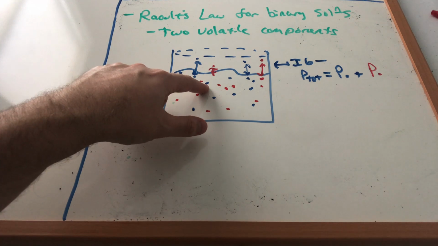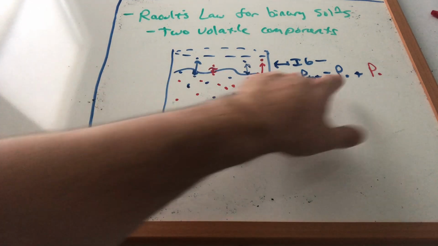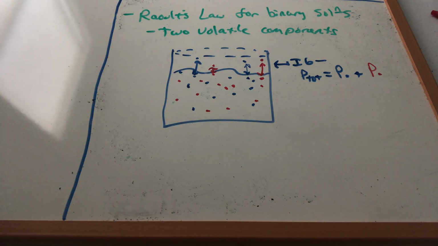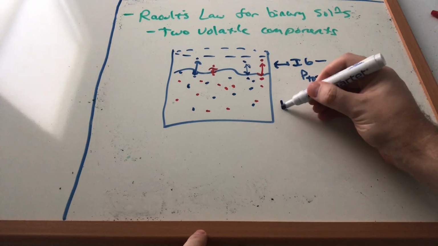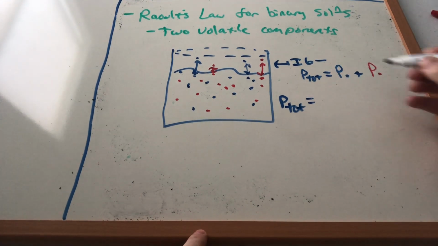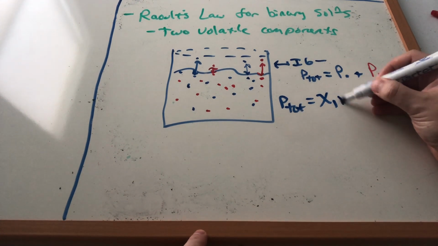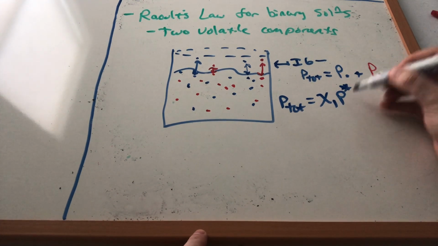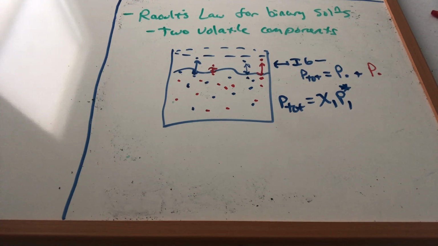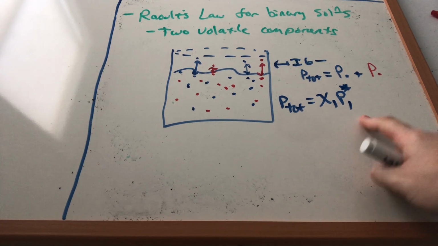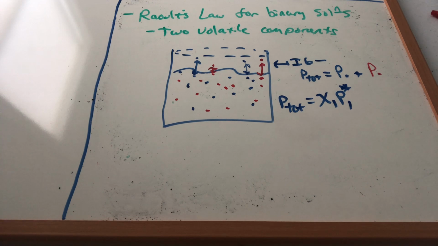So let's assume it's an ideal solution. Then this guy right here, we know what P dot is. This total vapor pressure that we have for the solution, this would be chi for that species, and I'm just going to call this species 1, and P star for that species, right? Now that looks like what we had before, but we notice that there's this red dot now there too.